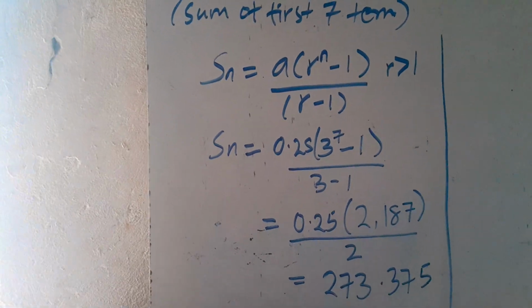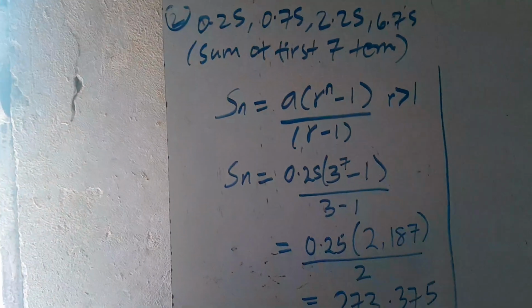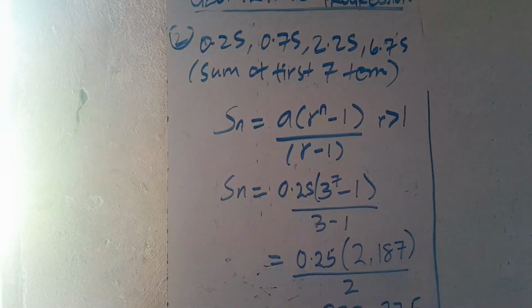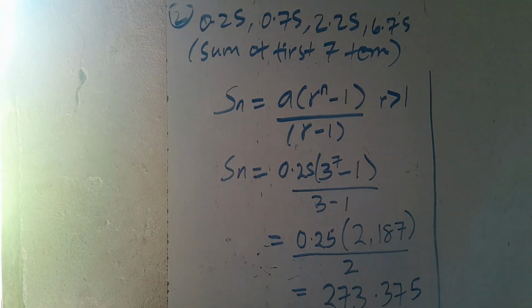That is the sum of the first 7 terms of our series 0.25, 0.75, 2.25.